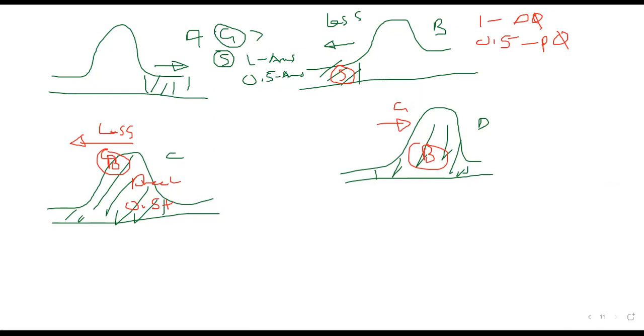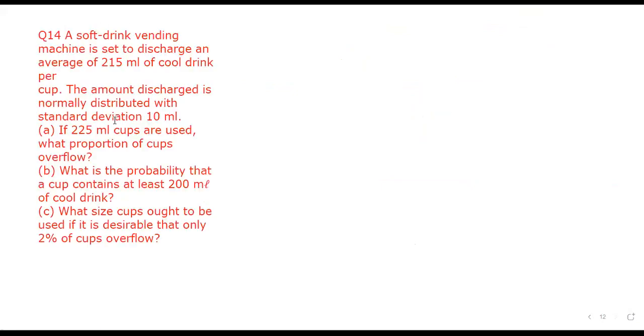So lastly, from the question example that we are looking at, a soft drink vending machine is allowed to discharge a drink. What is the probability that it contains at least 200 ml of drink? At least means that number and above.